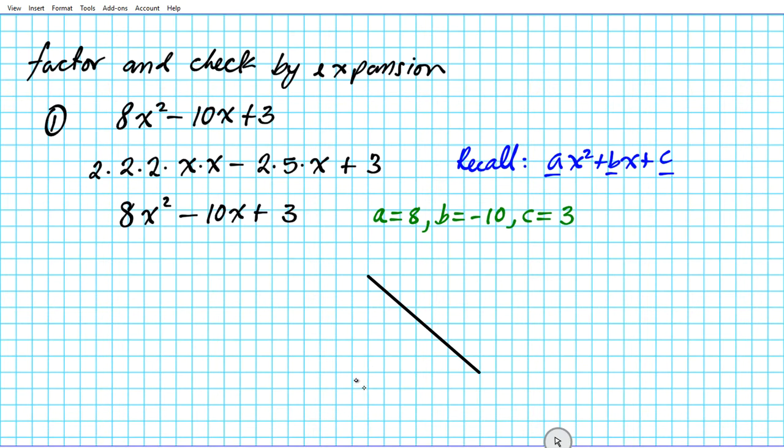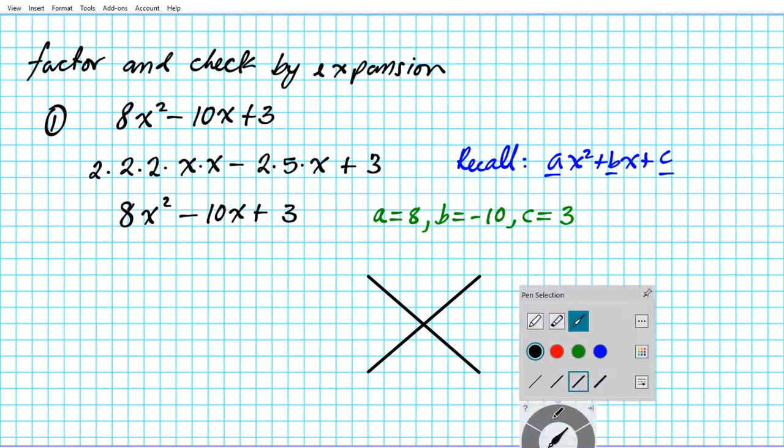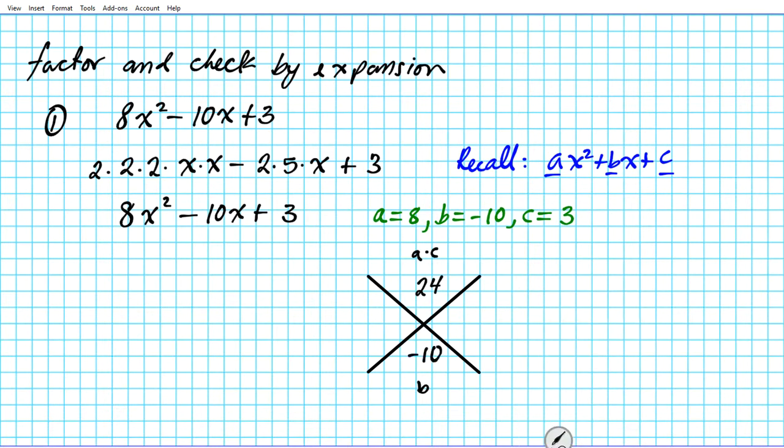The condition has to meet the setup of something called the x game. Okay, so let's go ahead and set up our nice little x. Now for the x game, we are going to have AC on the top and B on the bottom. AC is 8 times 3, which is 24, and B is negative 10.